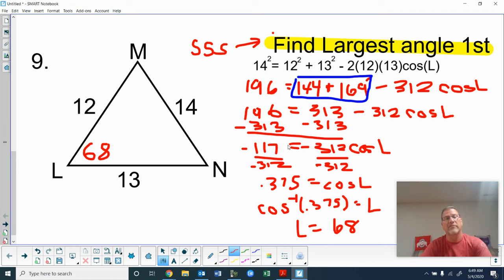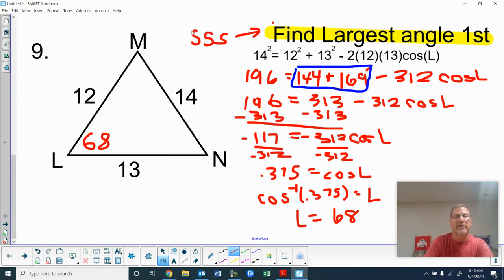Now again, I'm going to have to finish up. I have to find the angle M and angle N, and the smaller of the two will be N because side N is the shortest. So that's what's going to be next.